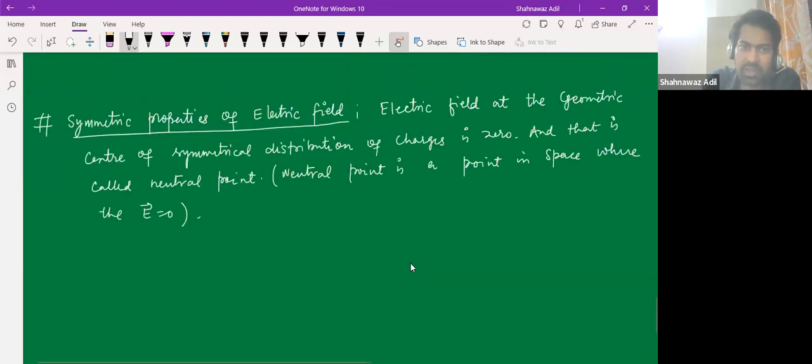And what is the symmetric property? Let's say if we have two equal charges, this is plus Q, this is plus Q. If I calculate the electric field at the center, this is a line and this is the geometrical center. How much would be the electric field in here?